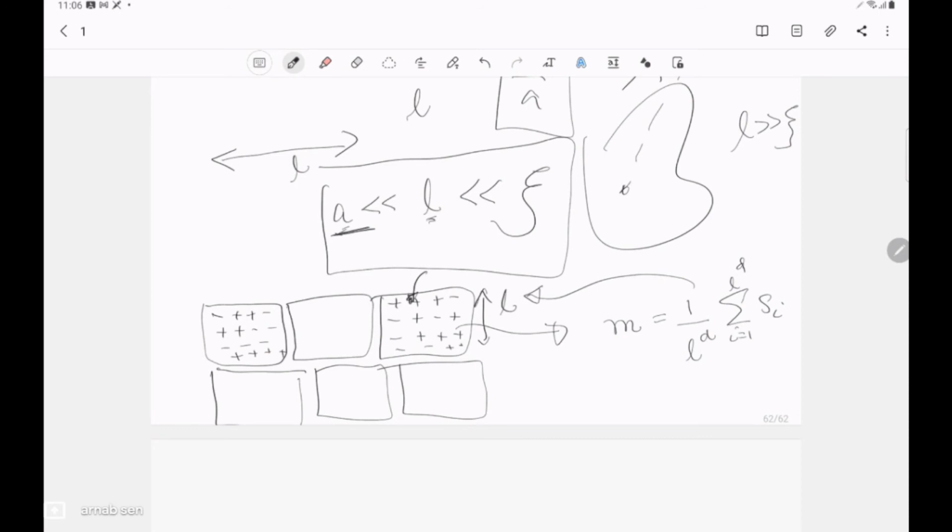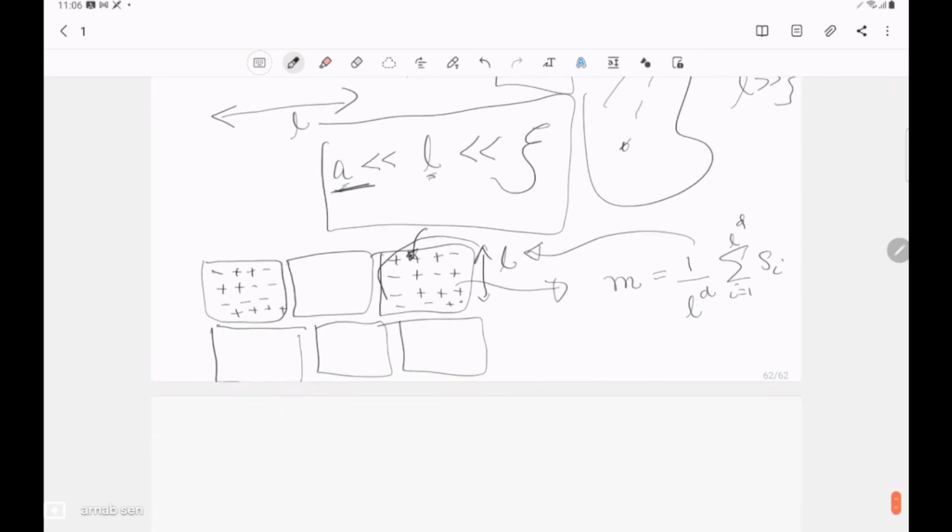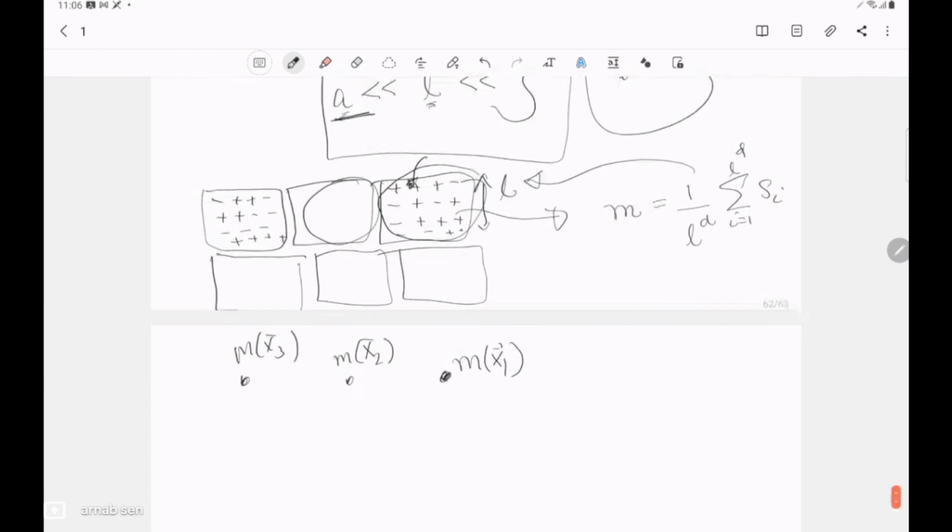It's not an integer anymore. And then I replace all these spins here by the single number, m of x1, let's say. Then similarly, all these spins I replace by the corresponding m of x2, here m of x3, and so on.